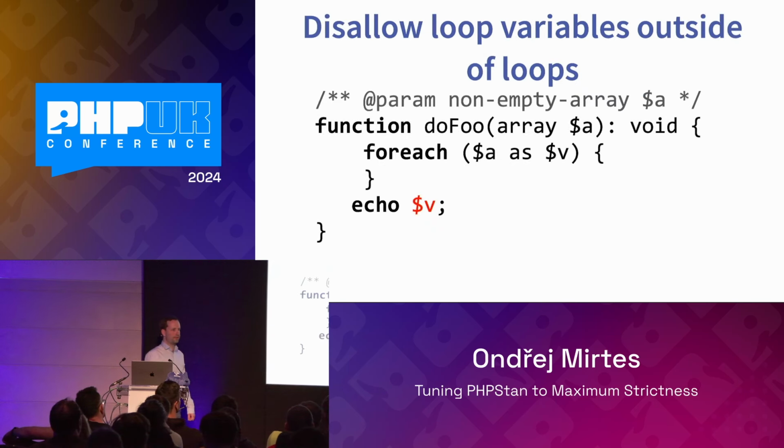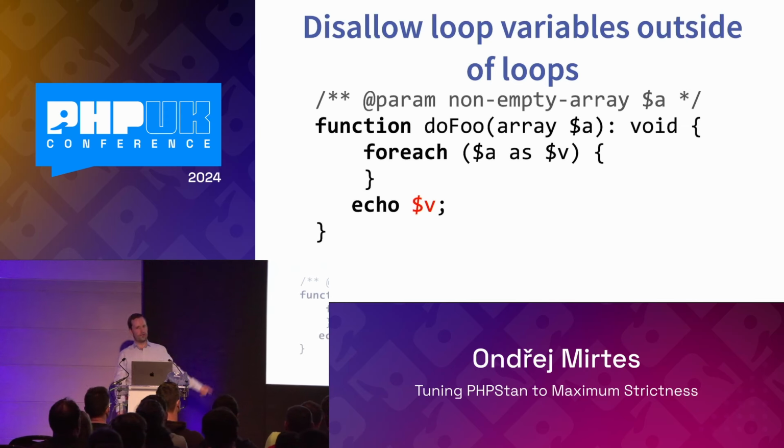Another thing that strict rules do is that it brings PHP a little bit closer to how compiled languages behave. So this is completely valid code in PHP, and PHPStan itself does not report this by default. So we have a non-empty array.